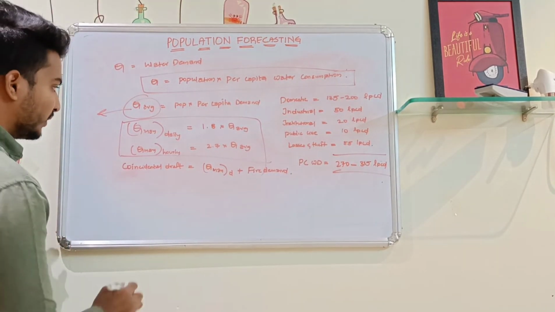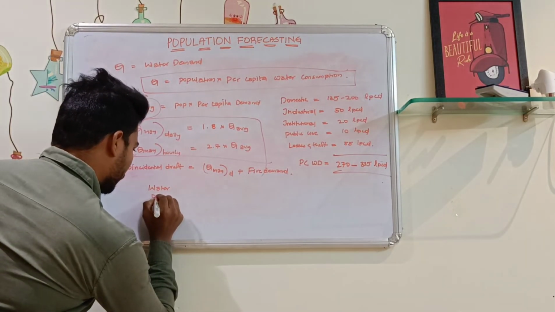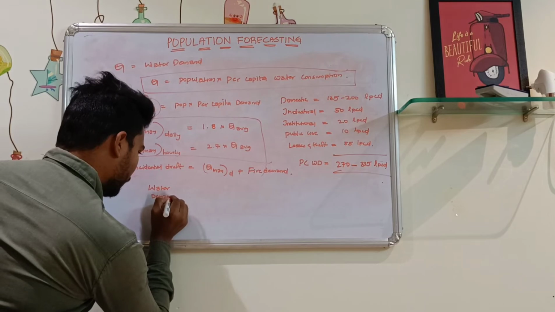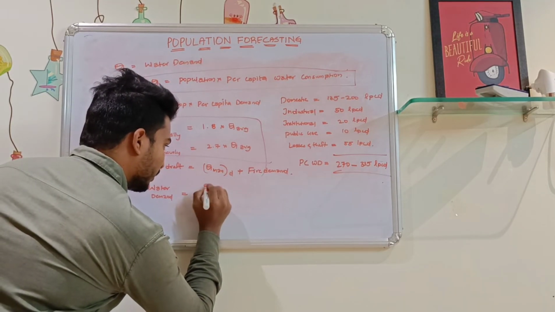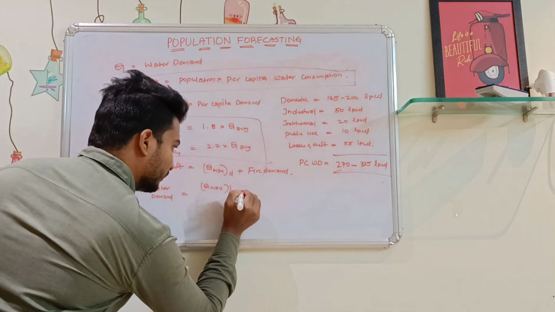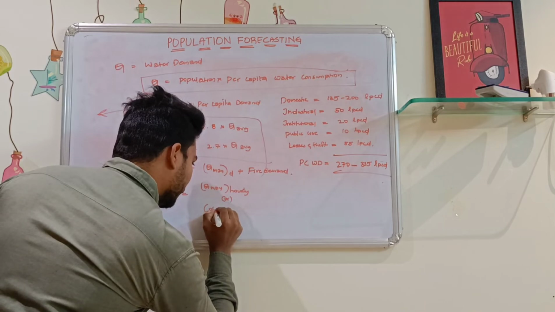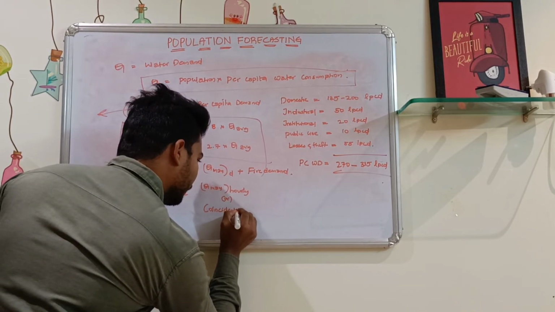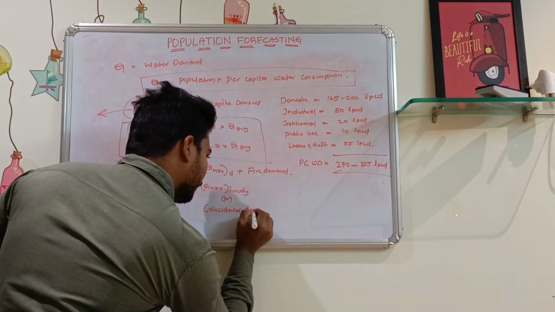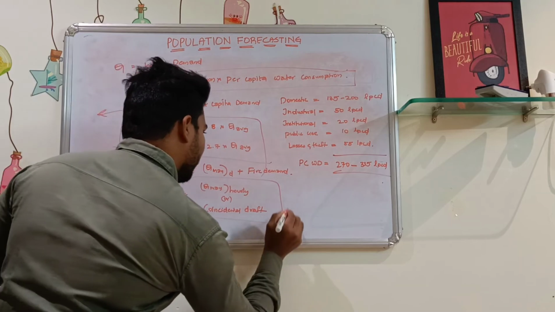So what is water demand? From all these terms, Q max hourly or coincidental draft, whichever is highest.